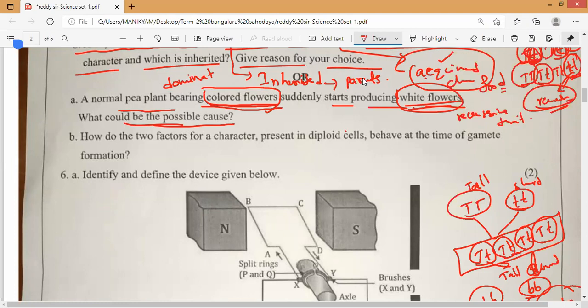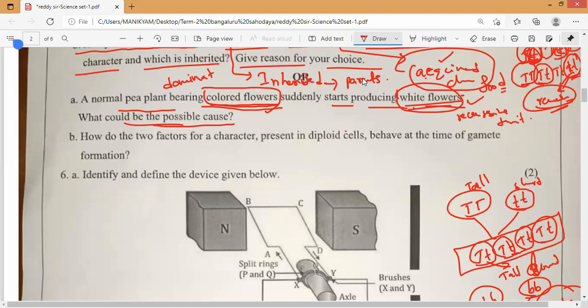A change occurred in the gene for color leading to the formation of white flowers. Because of continuous recessive generations and continuous mutations, both recessive genes come together. So that is why it suddenly started producing white flowers.